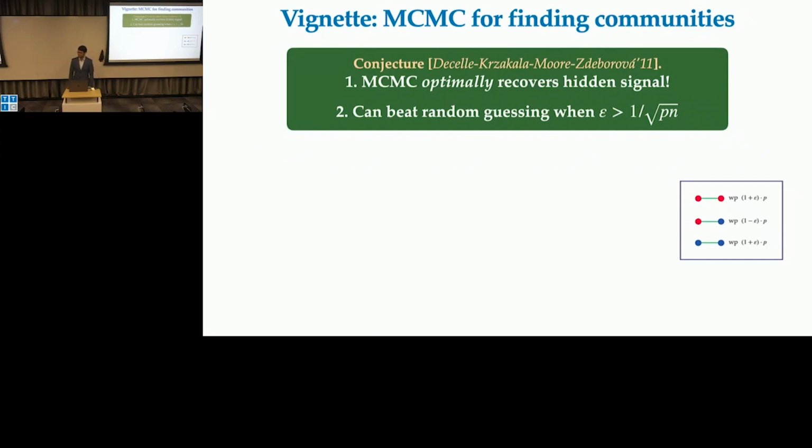So basically you're saying that linear time MCMC already has the same recovery as the posterior, and this is in all regimes, or only in this regime where epsilon is, what is the optimal with respect to here? Right, okay.